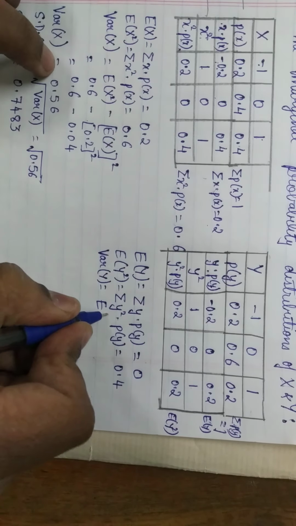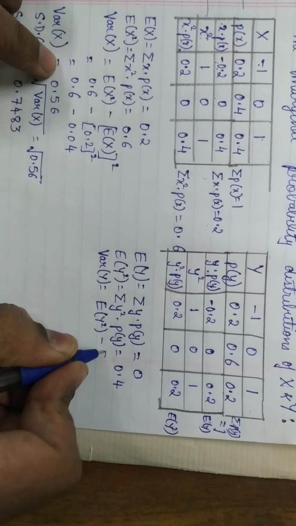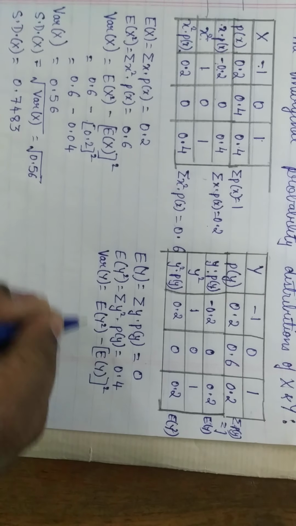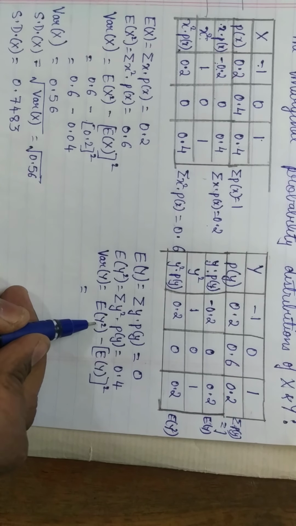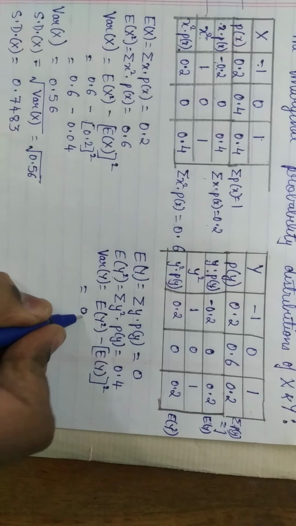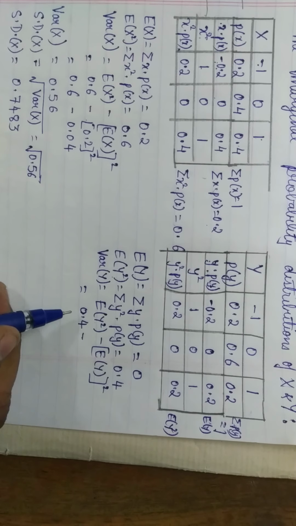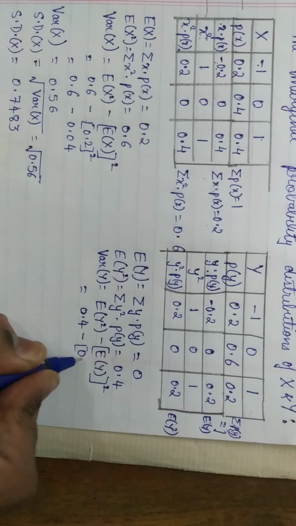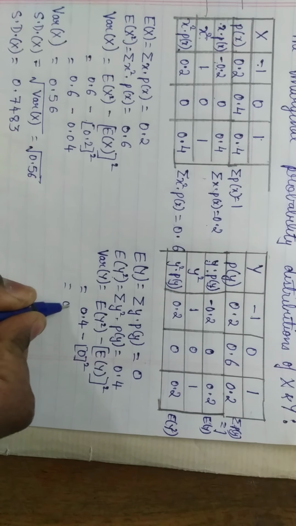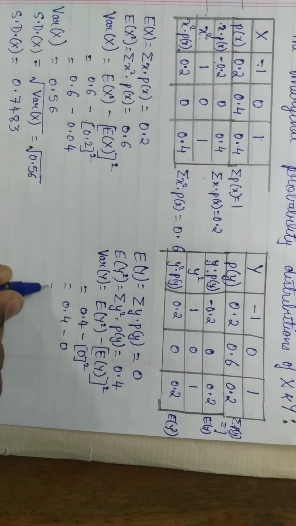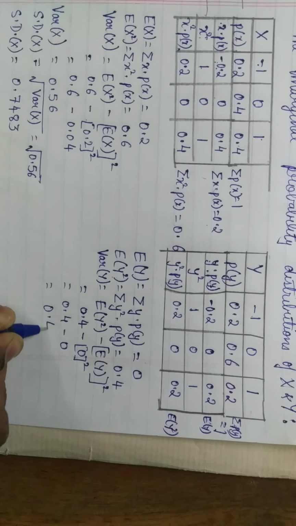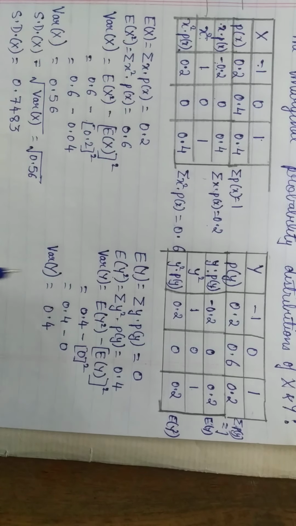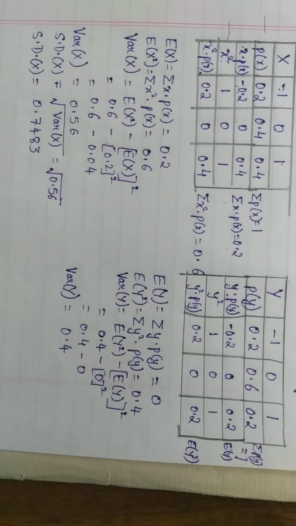E of y square minus E of y the whole square. What is E of y square? We have found it is 0.4 minus E of y the whole square. E of y the whole square is 0 square, so 0.4 minus 0 equals 0.4. So variance of y is 0.4.